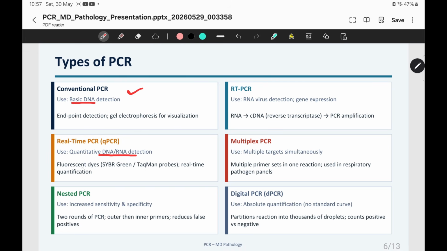In this PCR, we need fluorescent dyes, that is SYBR Green or TaqMan probes. It is a real-time quantification method which helps in detection of the viral load also.